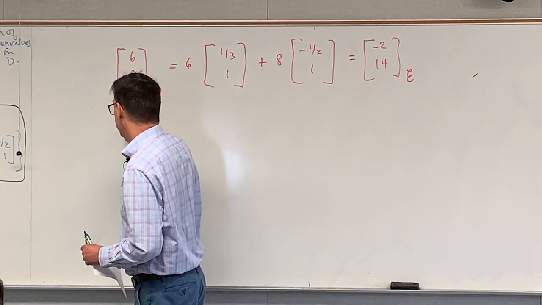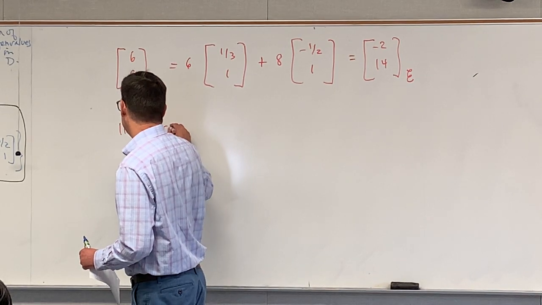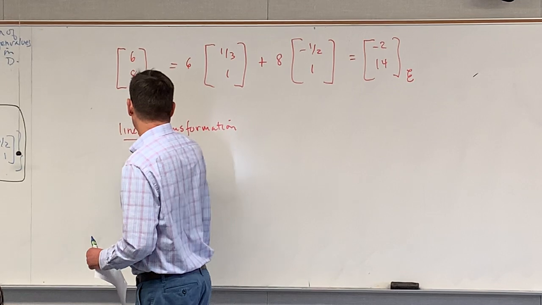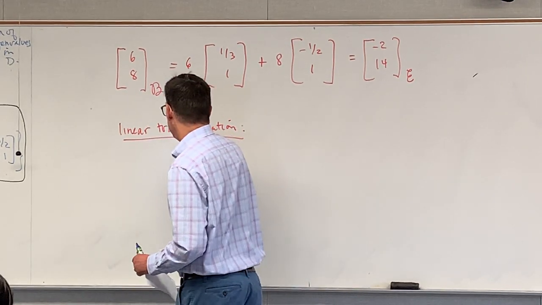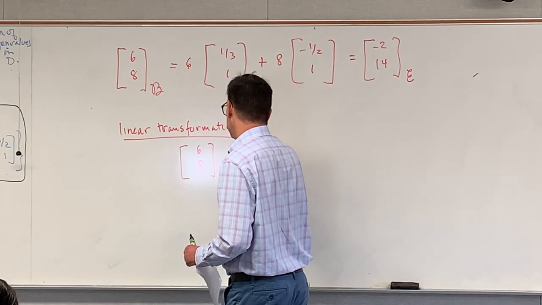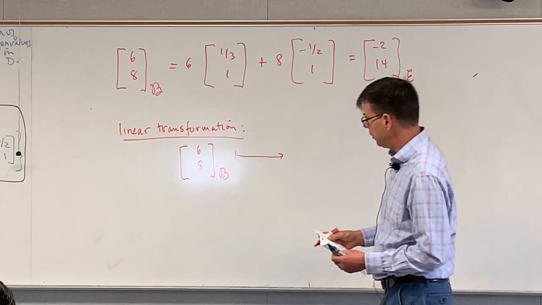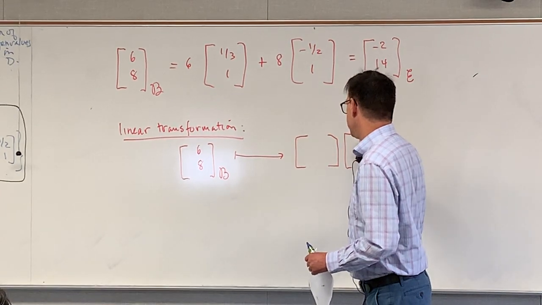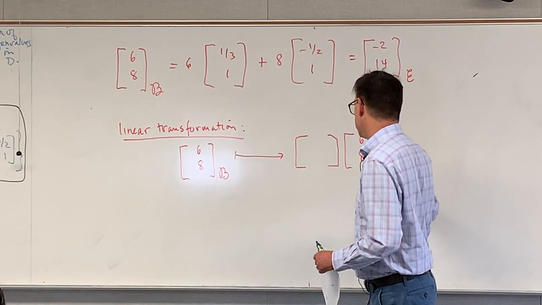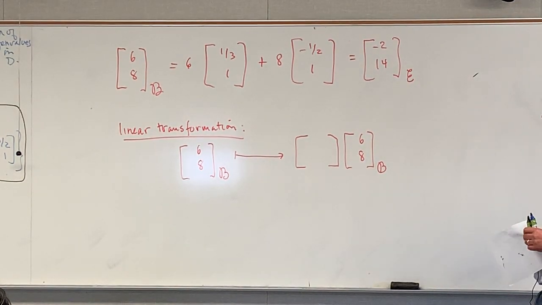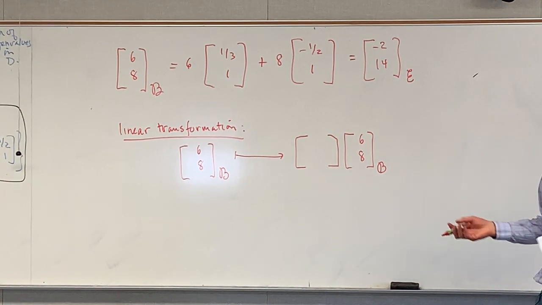Under the linear transformation, this 6, 8 in B coordinates is going to correspond to something times 6, 8. Actually, that would be a good question for my test. After we do all this, what goes in there?